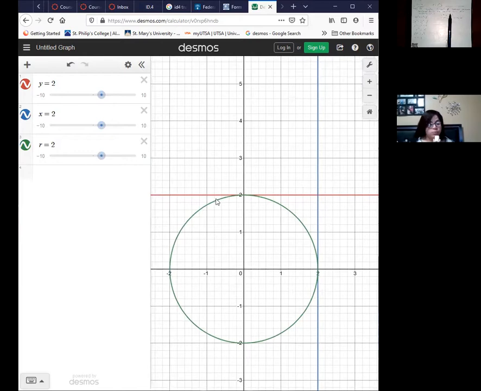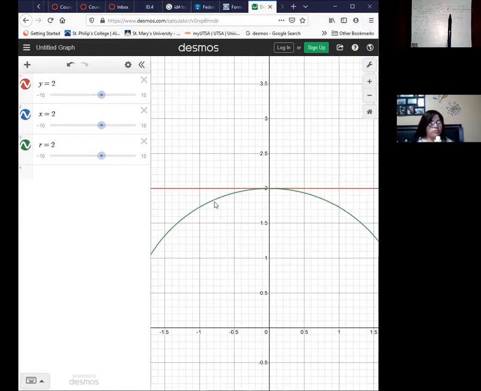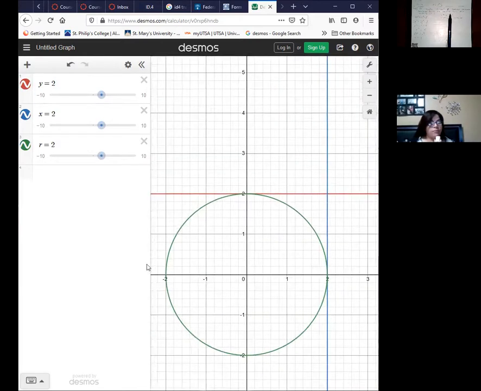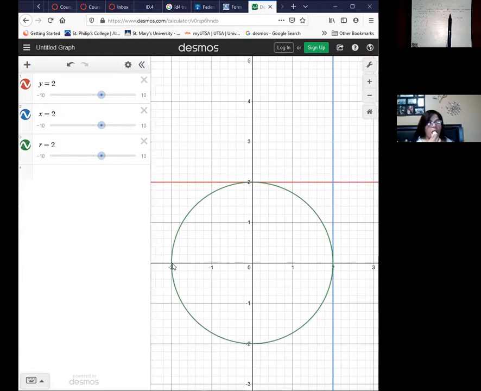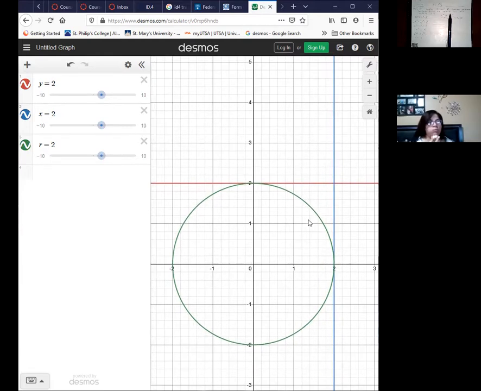Anyway, so r is 2 for all theta, meaning theta will create a circle because I'm hitting every single angle, where r is always 2, therefore I create a circle. So that's what this means.